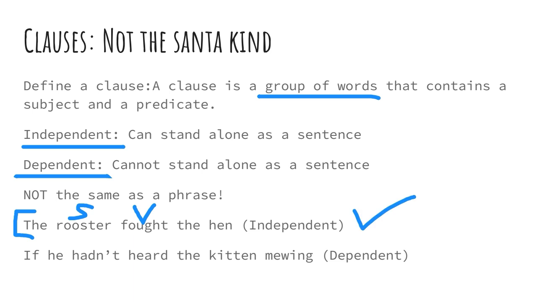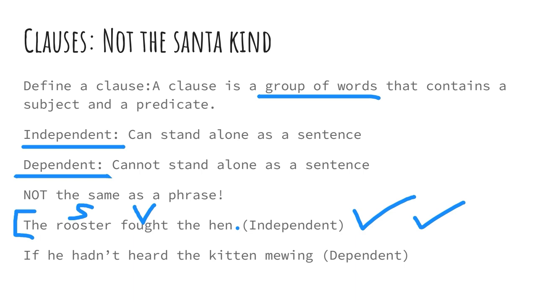Does it stand alone? Is it a full, complete thought? In other words, if we were writing a paragraph and we had this group of words, could we call it a sentence? Yeah, we could. It finishes a story. So we would actually put a period at the end and we would call it an independent clause. Now, once we know that something is an independent clause, that's really the end of the line because it just means it's a sentence.